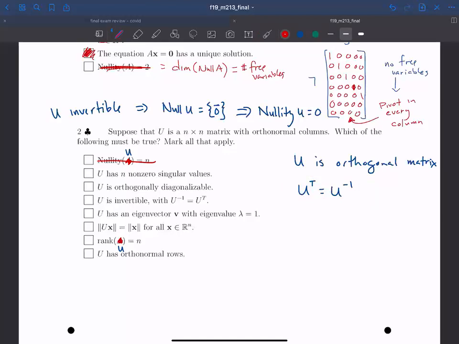Because you know that the columns are orthogonal to each other, they're non-zero, so they have to be linearly independent. Therefore, every column has a pivot, and therefore there's no free variables, and the number of free variables is the nullity. So again, this leads you back to the fact that the nullity has to be 0. But that's a perfectly valid way to reason your way through it. So that's a good way to think of it.